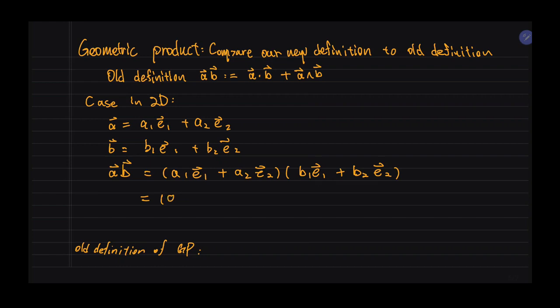First, let us just write it out: A1 B1 e1 e1 plus A1 B2 e1 e2 plus A2 B1 e2 e1 plus A2 B2 e2 e2.